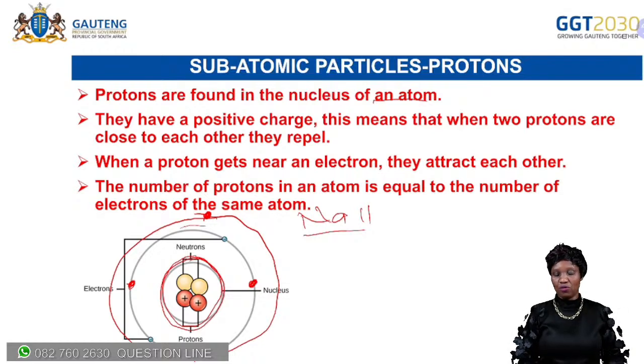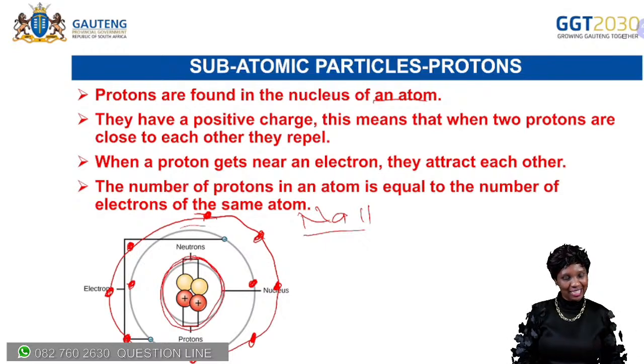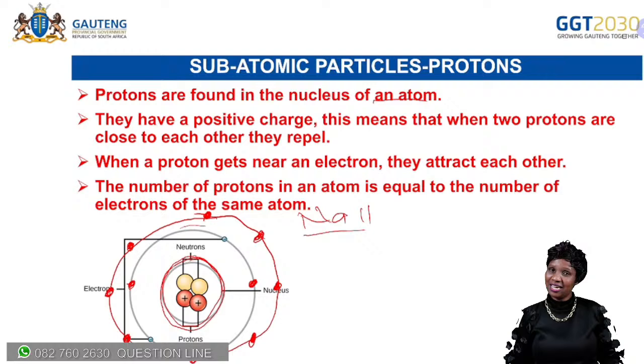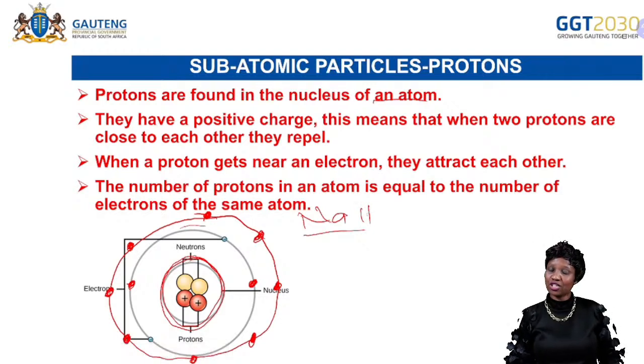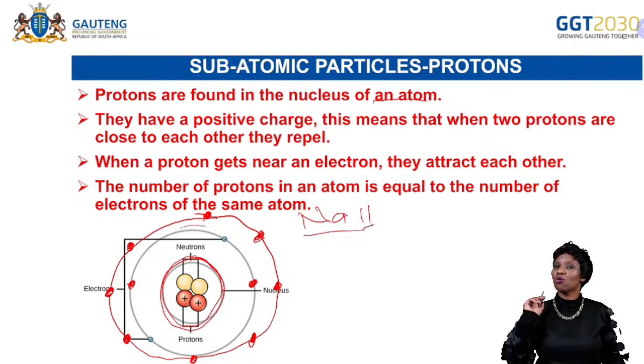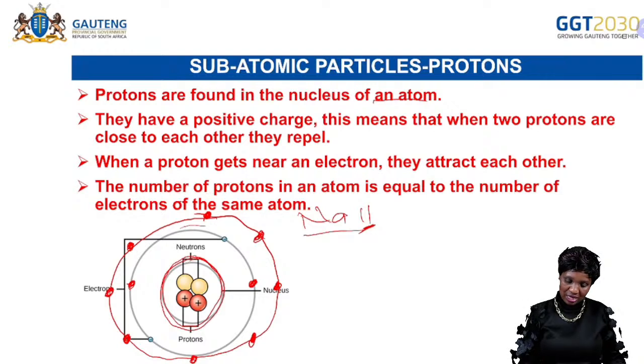Then 8 plus 2. Remember, in the first energy level, we said there are 2 electrons. Then second energy level, 8. 8 plus 2, great. It is 10. But sodium has got the atomic number 11. How do we get to 11? Then we are going to add another energy level. Then we go to the third energy level.